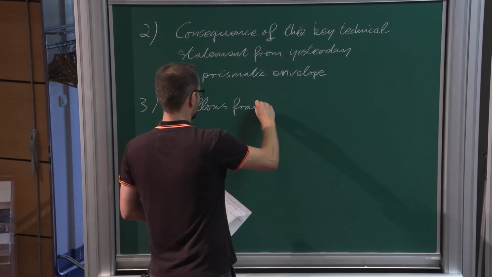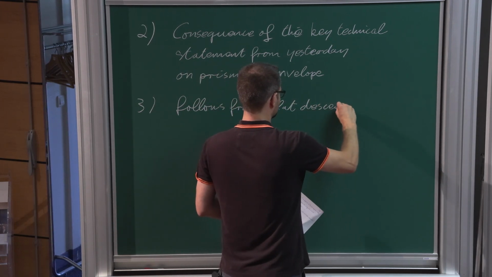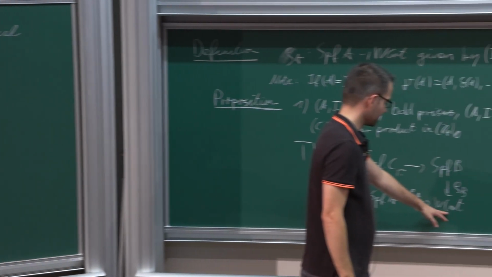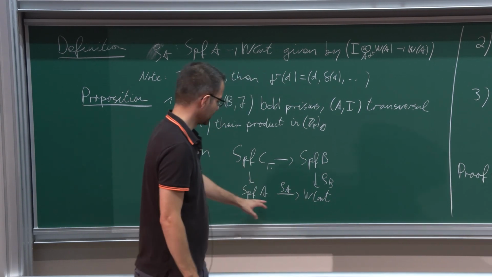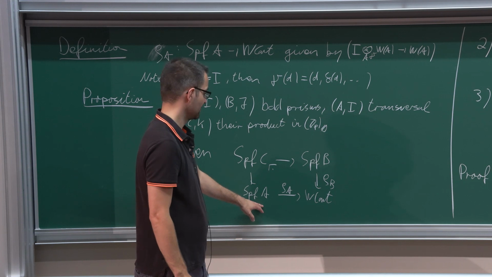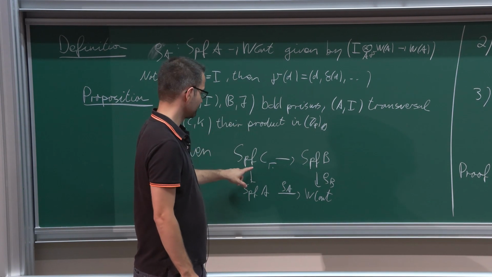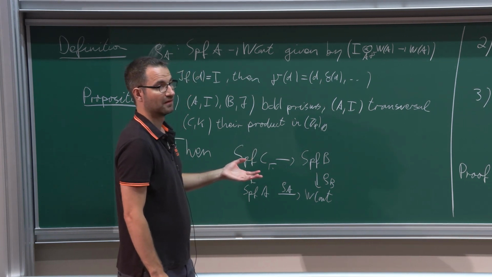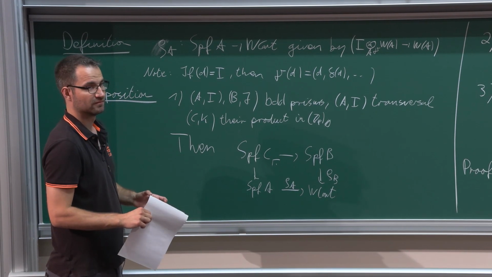from flat descent, because one can calculate the quasi-coherent derived category of quasi-coherent sheaves on the Cartier-Witt stack by choosing some flat surjection, where we can take any transversal prism, and then the resulting Čech nerve will, by this property, exactly calculate the Čech nerve which would also calculate the category of prismatic crystals.